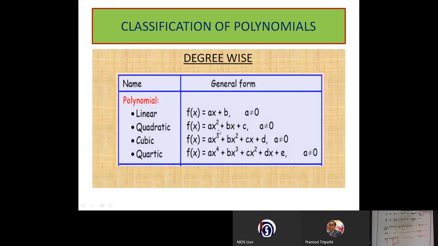In ax square plus bx plus c, the degree of the first term ax square is 2. The degree of the second term bx is 1. And the degree of the constant term c is 0. So the highest degree among all the terms is 2. Hence, it is a quadratic polynomial.